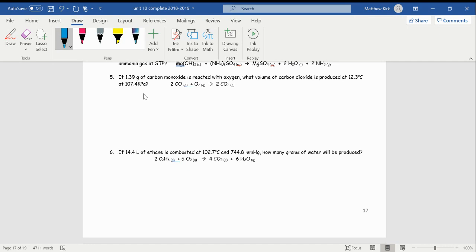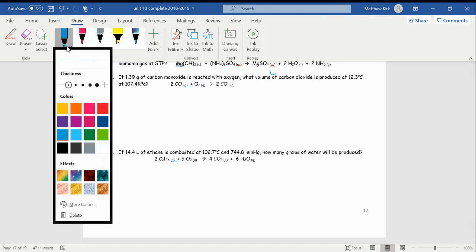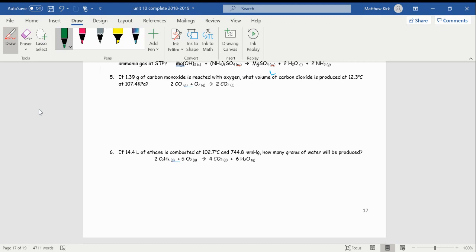So we're looking for liters here at the end. And we're given a temperature and a pressure. So notice, with our temperature and pressure, we're not at STP here. We're under non-standard conditions. That means we can't use 22.4 liters, but we'll get there.